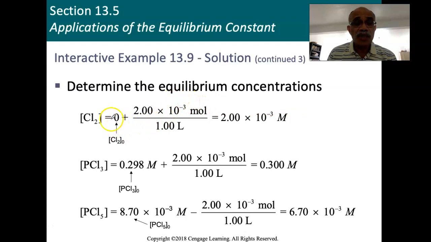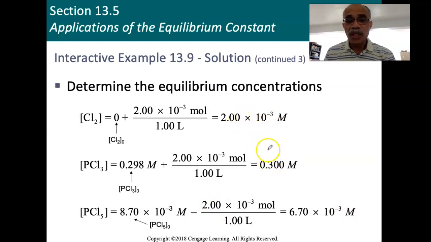Here it'll be 0, because it started with initial 0, plus 2 times 10 to the negative 3. Here it'll be 0.298 plus 2 times 10 to the negative 3. Here it'll be 8.70 times 10 to the negative 3 minus 2 times 10 to the negative 3.